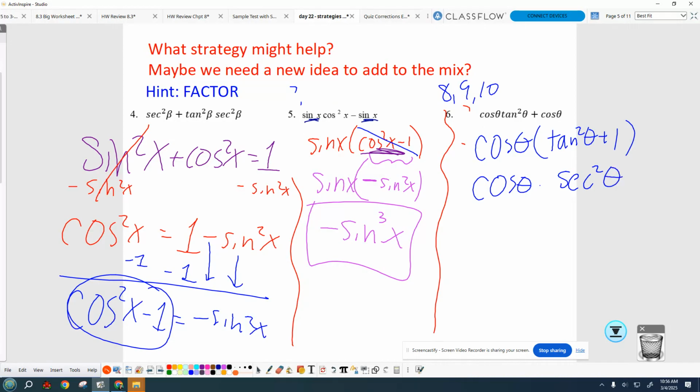But Ivan, it feels like there's something else that can go on. What can we do? Secant squared is 1 over cosine squared. Okay, so then Angel, what happens? One of the cosines cancels out. So this cosine and one of those. So Danny, I end up with 1 over cosine. What's another name for 1 over cosine?